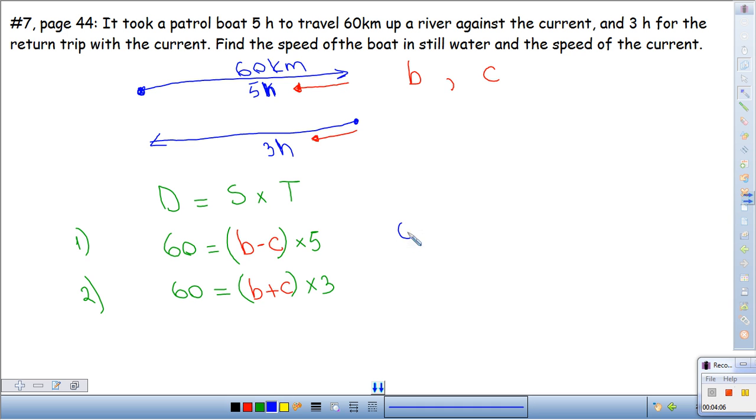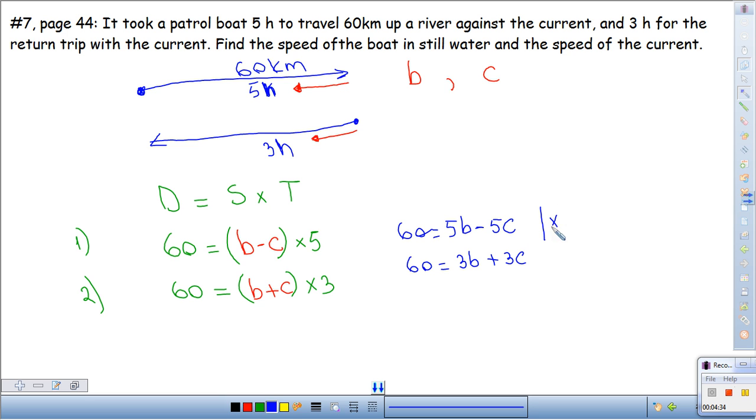We have 60 equals 5B minus 5C. And over here I have 60 equals 3B plus 3C. Well, since the C's have opposite signs, I would only have to add the two equations to get rid of the C's, but I'm going to choose to bring these to the same common coefficient.